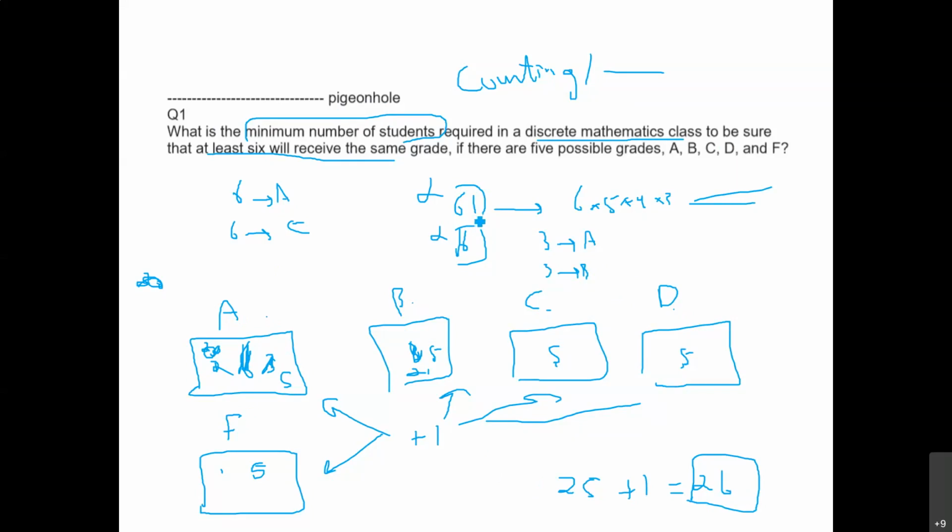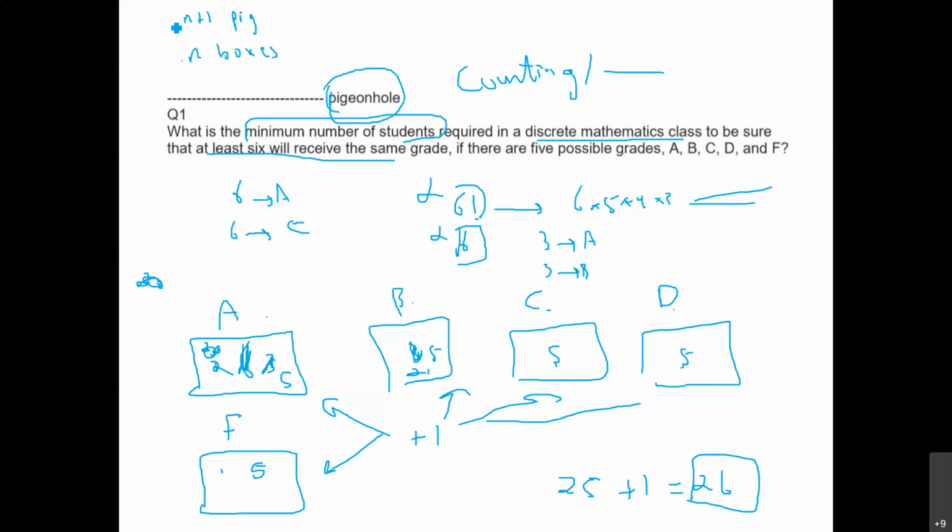So these type of problems, we usually solve them later on, but I just wanted to give you an idea of what the pigeonhole principle means. Pigeonhole, the origin of it, says if you have n+1 pigeons, and if you have n boxes or n cages, then at least one box is going to have 2 pigeons, right?